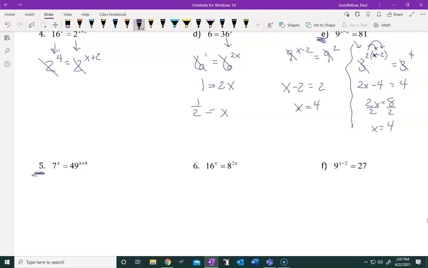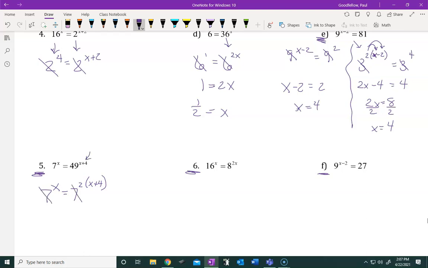Now you have a number 5 down here. You've got number 5, 6, and 6f. Let's see what we've got here. 7s, that's 7 to the x, is equal to 7 to the 2nd power times x plus 4. Now, this is a good example of, again, if you're going to match them up, that power has to multiply up the power that's already there.